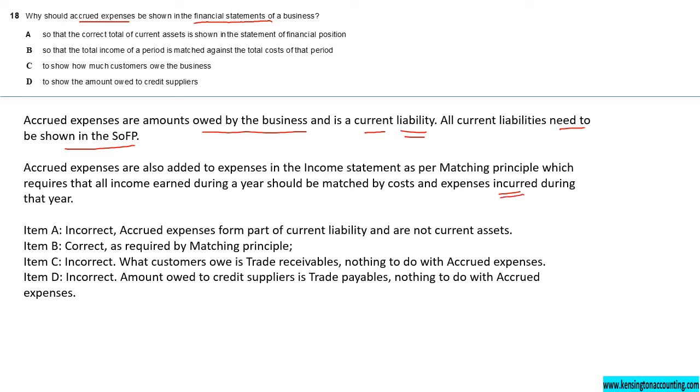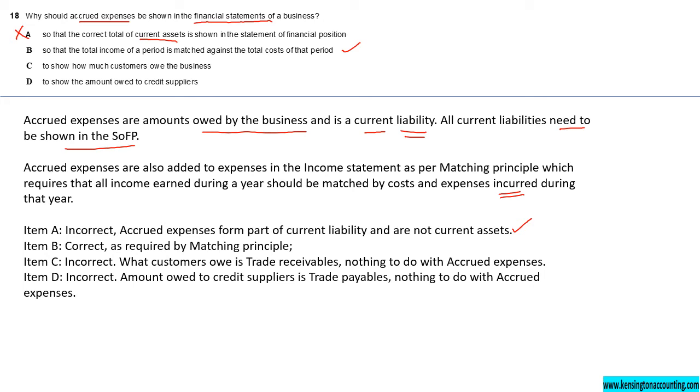Now, going back to our 4 possible solutions, A is referring to current assets. Here we're talking about a current liability, therefore this is wrong. Item B says total income of a period should be matched against total cost of that period. That's correct, that's the matching principle.